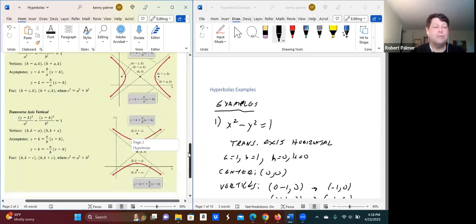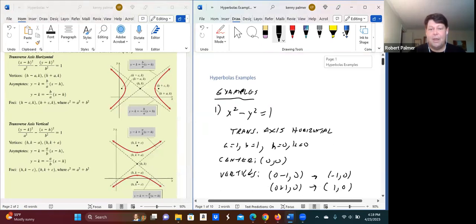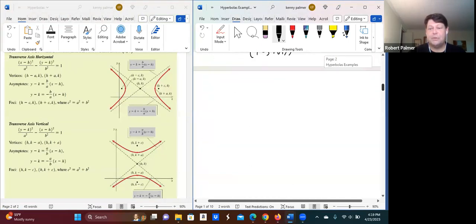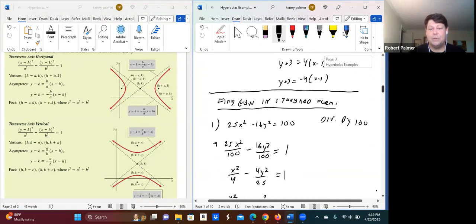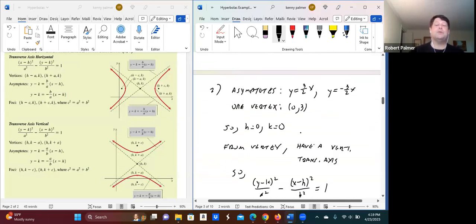So we saw how to find the vertices, asymptotes, and foci given the equation, and also the center, both for one centered at the origin and not centered at the origin. We also found that if you have an equation of a hyperbola that is not in standard form, how to put it in standard form in terms of the coefficients. And if you're given enough information about asymptotes, vertices, and foci, you can find the equation by finding h, k, a, b, and c.